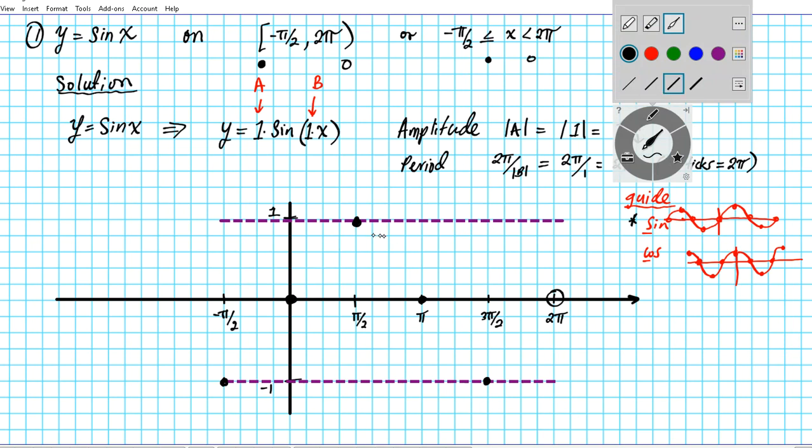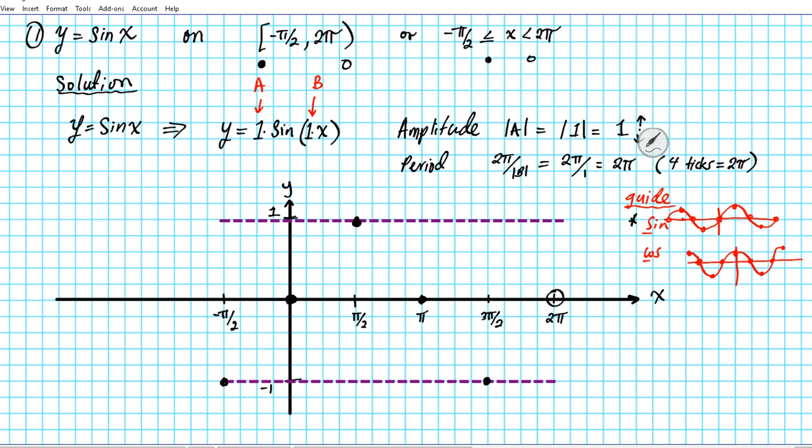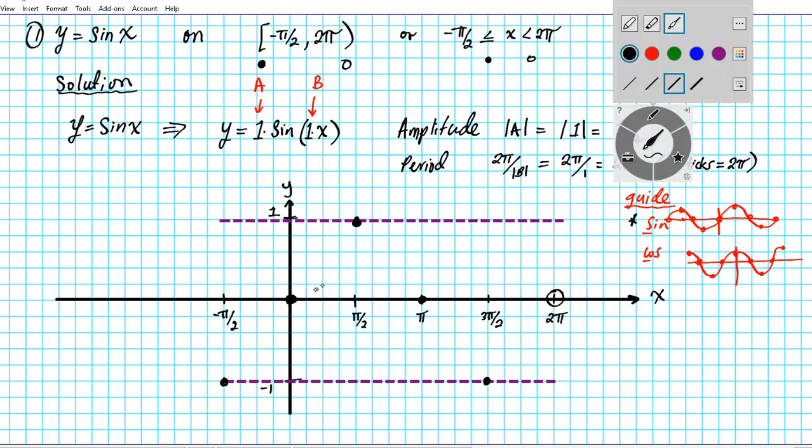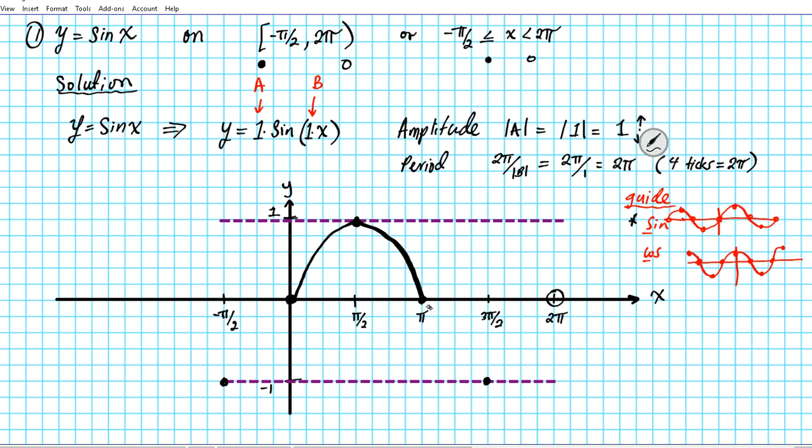For the sine function, when you're above the x-axis, you are going to be concave down, and when you're below the x-axis, you're going to be concave up. Okay, so with that in mind, let's go ahead and draw the graph. So to connect these two, it's going to be concave down, or like a dome or umbrella. And then when you're underneath, it's going to be concave up, like a satellite dish.